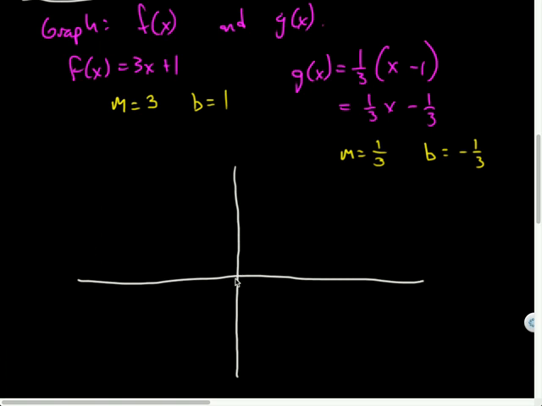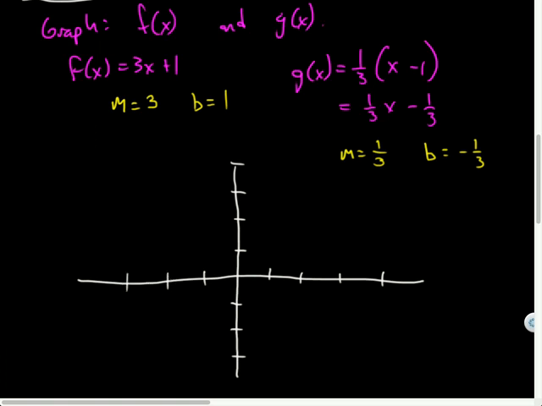1, 2. Let's see, I'm going to have to go up as high as 4 here. 3 and 4. I don't have to go down as far. 1, 2, 3.